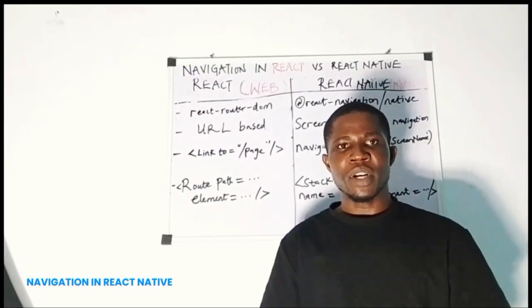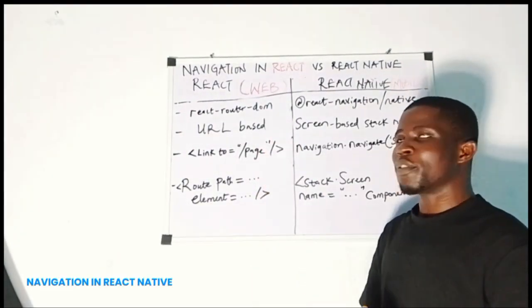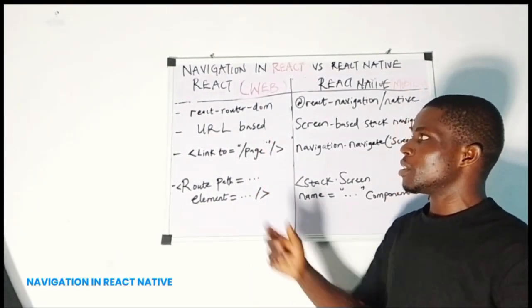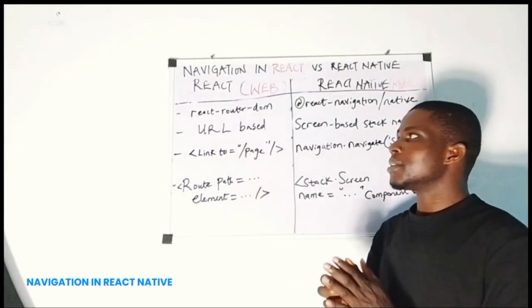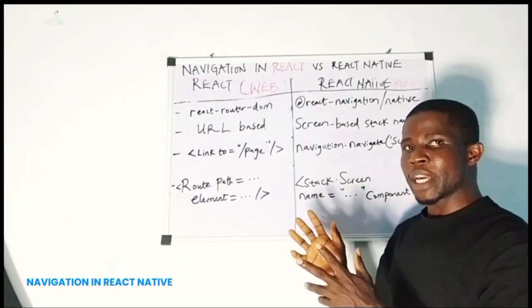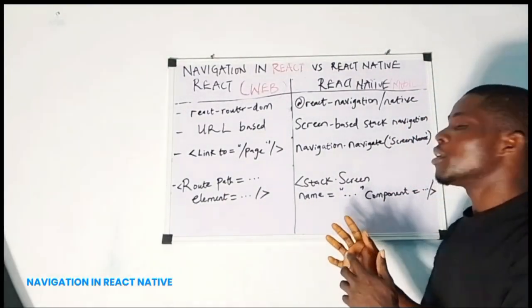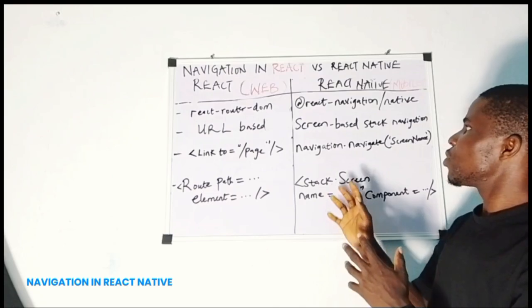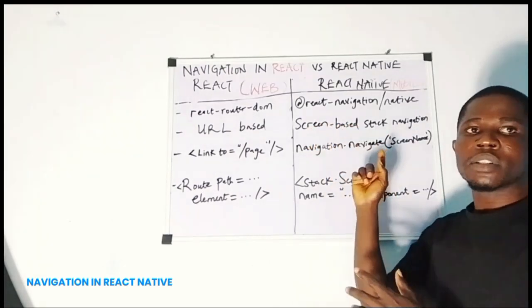Alright, just a recap of what we have looked at earlier. Looking at what we have for React for the web, it's React Router DOM, right? That is the routing mechanism for React for the web. Then when you compare it to what you have for React Native, you are going to use React Navigation Native.